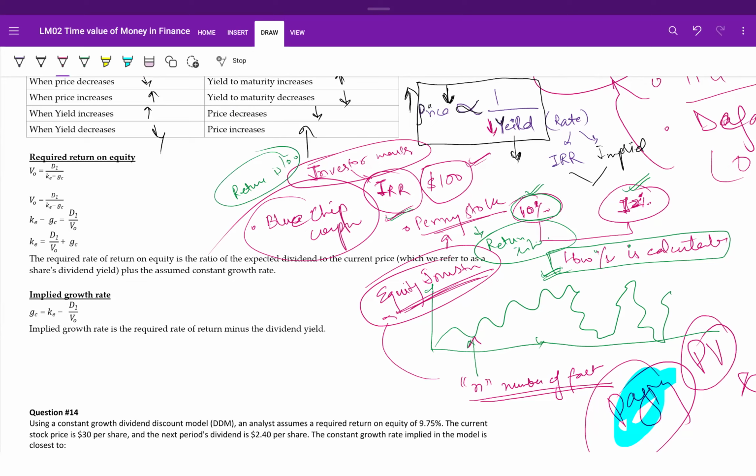When we talk about blue chip companies, the fluctuation is not very high, and the companies are growing at a stable rate. So this is what this whole statement means: this IRR is not directly observable.